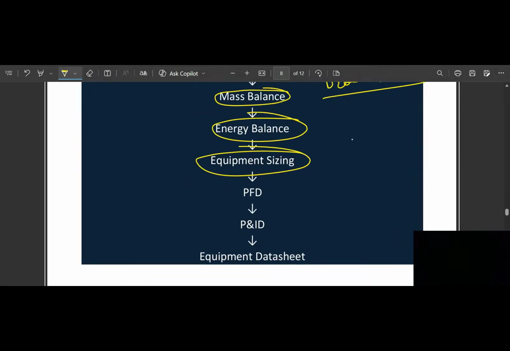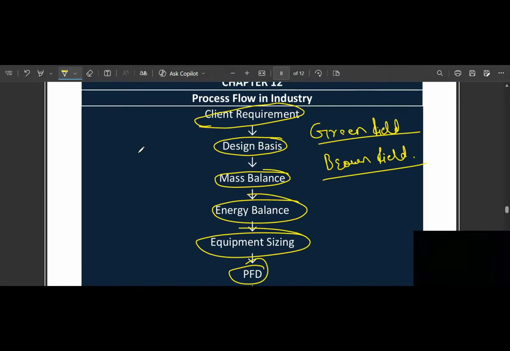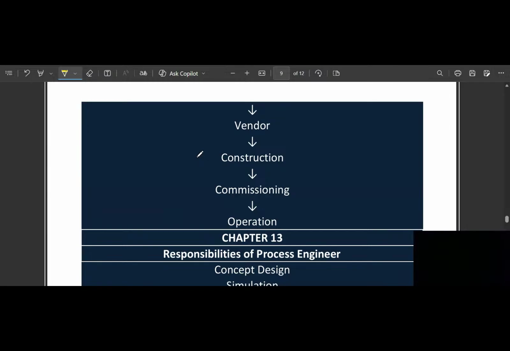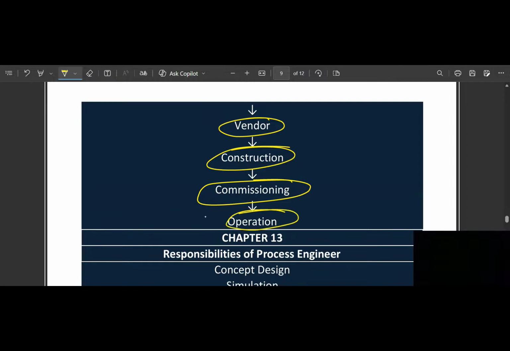Based on that, you prepare PFD and P&ID, and then the equipment data sheet. This is the workflow of any process industry. Then you select the vendor, construction, commission the plant, and then operation starts.